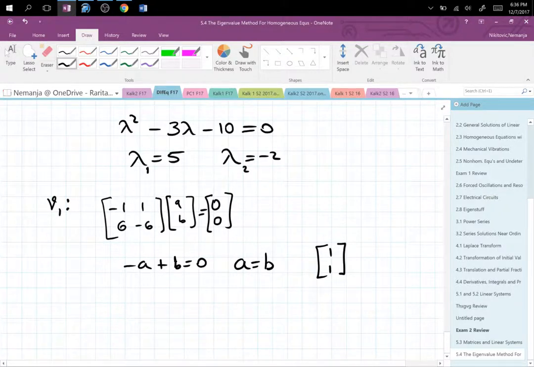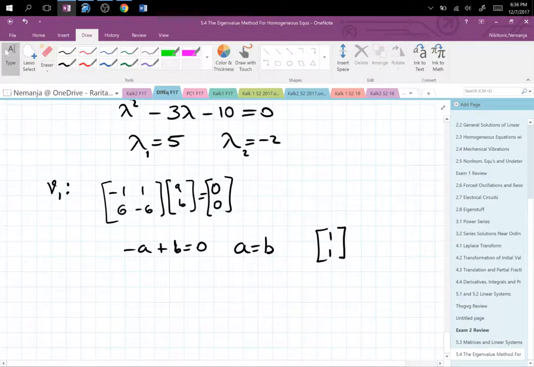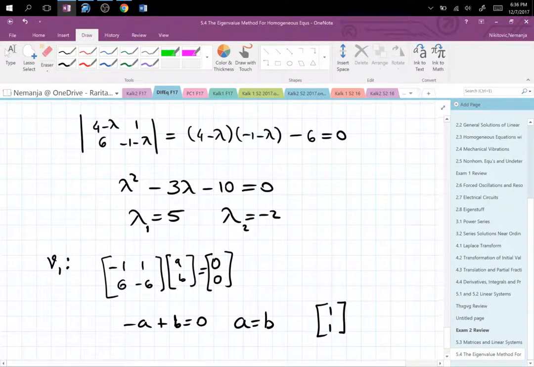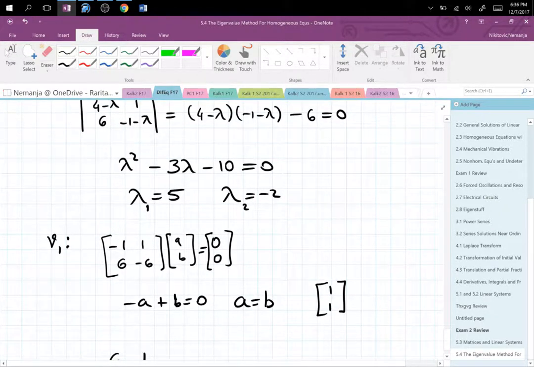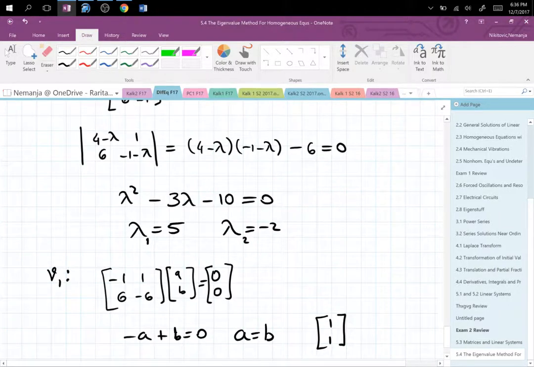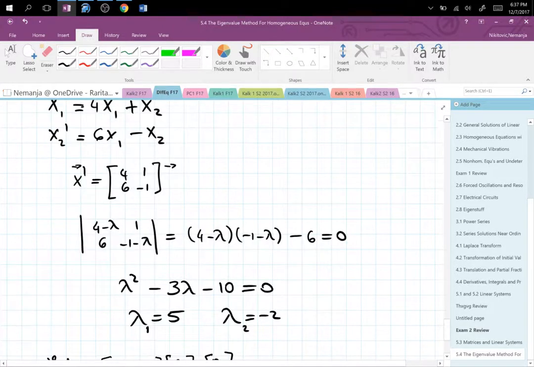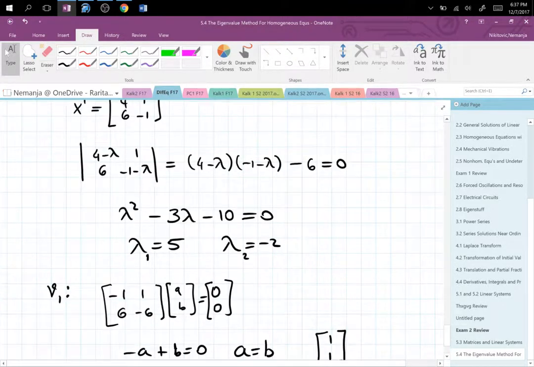The second one is negative 2. So for negative 2, I have 6, 1, 6, 1. Wait, what's wrong over here? What's my eigenvalue?